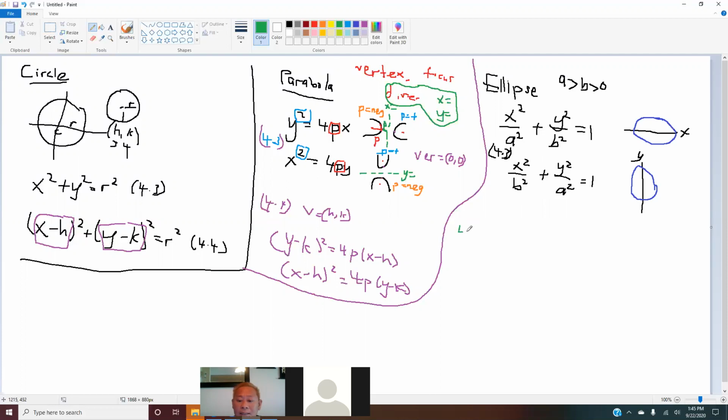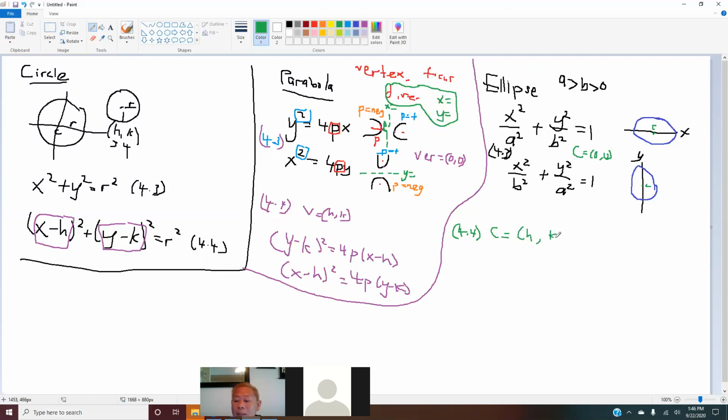4.4 in this case talks about your center. In 4.3, your center is at the origin, 0, 0. But what happens if your center is not at the origin, but at a location (h, k)?